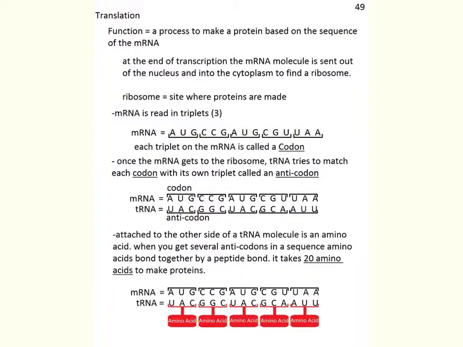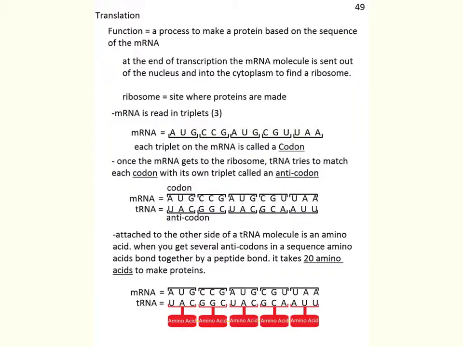You should have already finished the notes for transcription, the actual process of copying DNA into mRNA, messenger RNA coding. Now this is the next step. The whole point of this is to make proteins, and the first part is the copying down of the DNA sequence, the instructions. Now we're actually going to make them, or the body can make them.